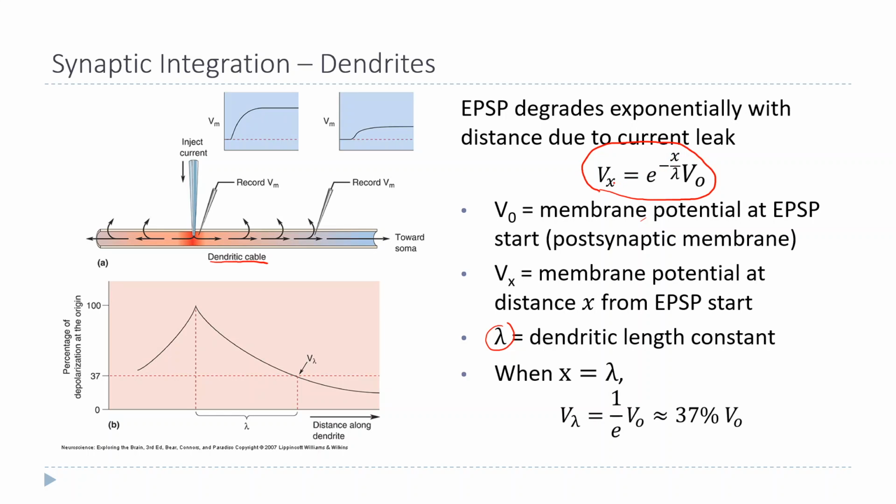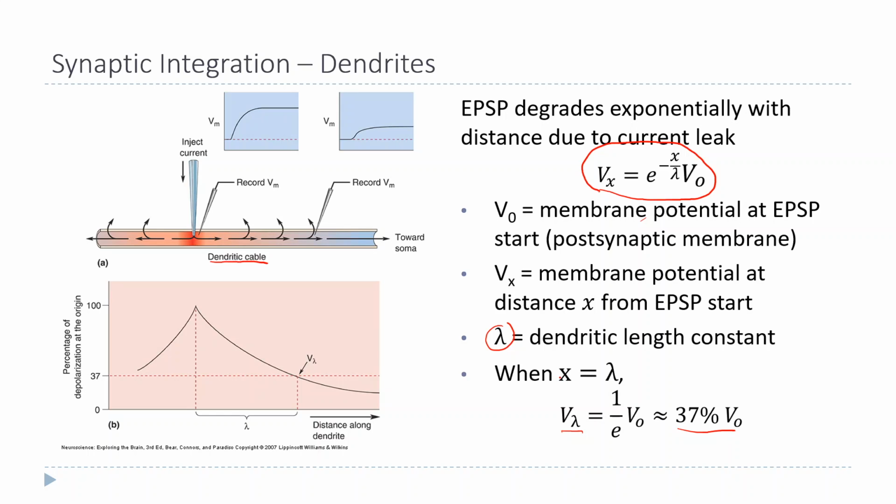So V at point lambda is just V0 over e, or V0 times e to the negative 1. And 1 over e is about 0.37. So another way to say it is that the membrane potential at the length constant is going to be about 37% of whatever it was when you started.